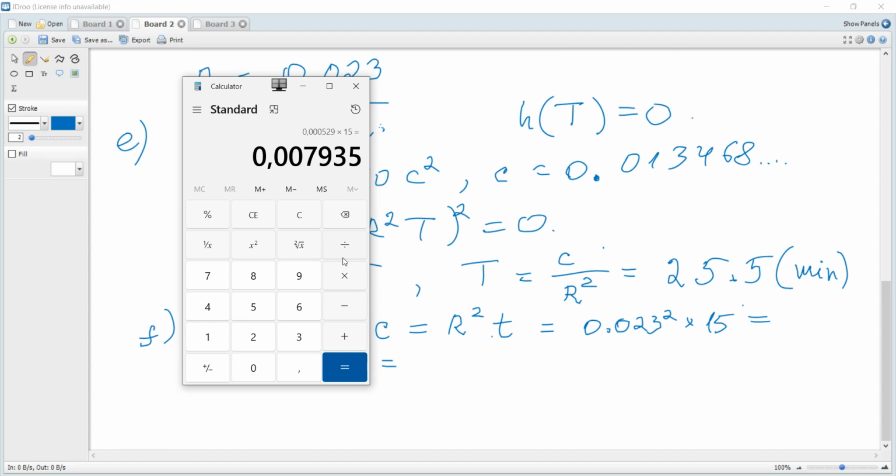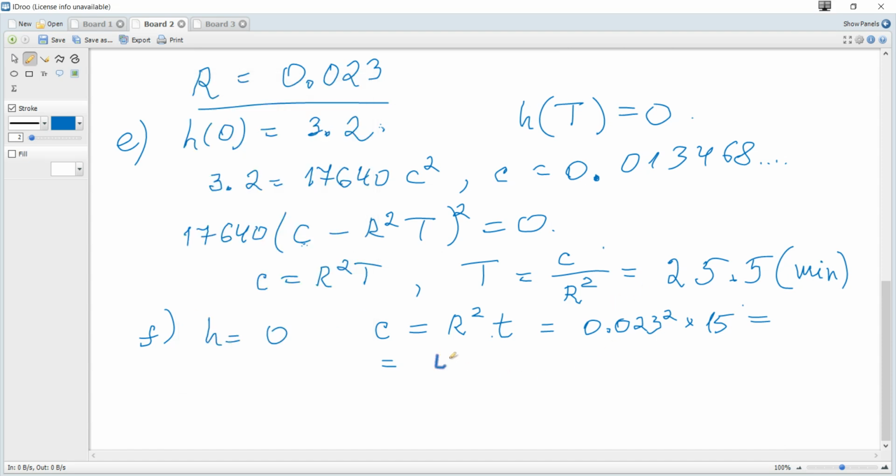Let me check. Yes, it's correct. It's exact. 0.00793. It's new value of C.